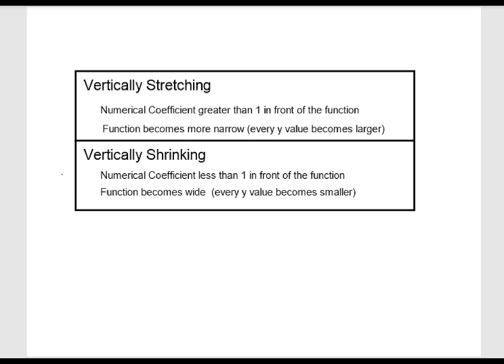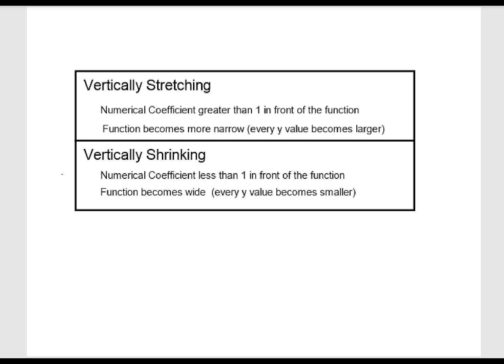Here we're talking about coefficients in front of the function. If there is a coefficient greater than 1 in front of the function, then the function becomes more narrow. So every y value becomes larger, because think about it. If I have a y value that's like 3 and now I'm multiplying it by 2, now it's going to become 6. So it's going to become larger, and think about it growing longer and more narrow.